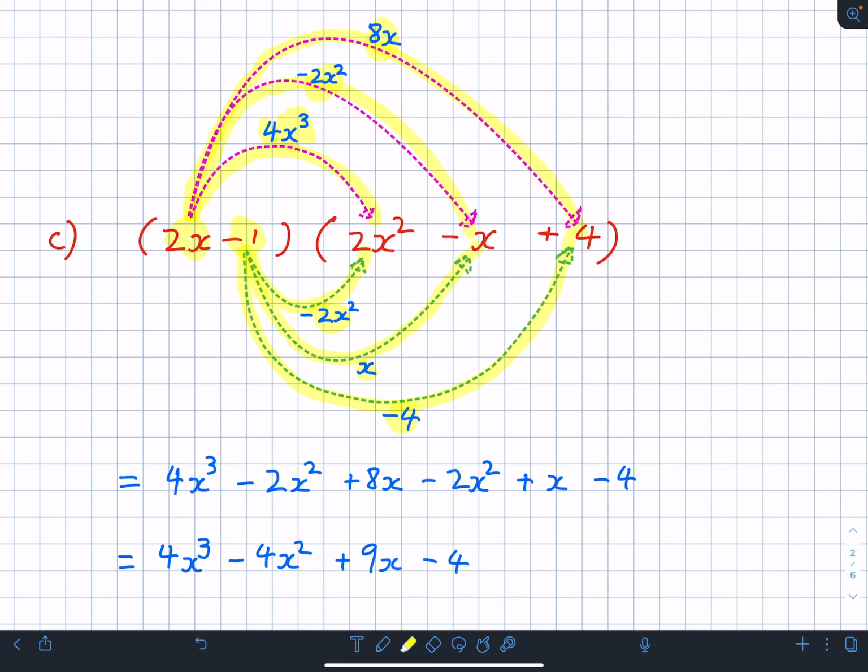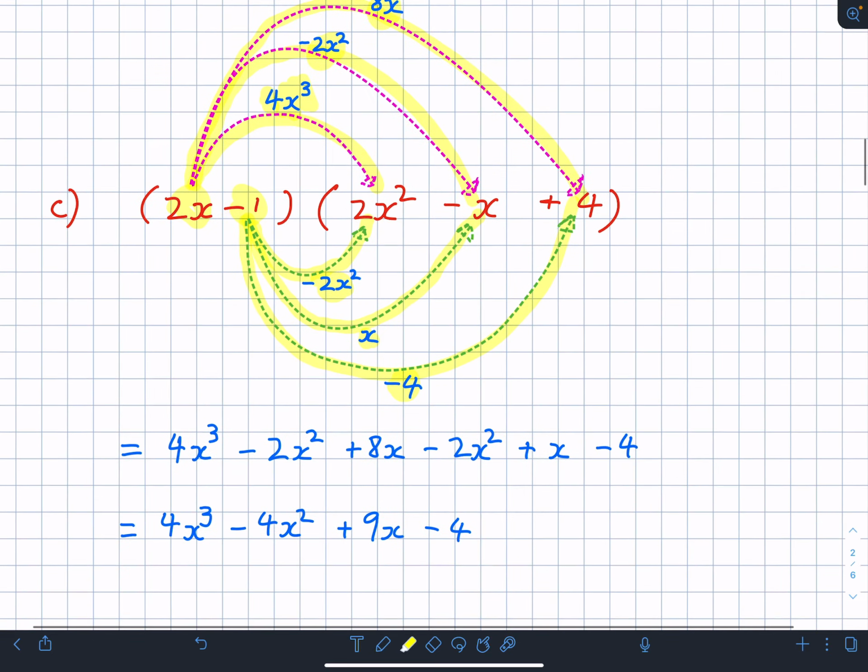Okay, and then with our x to the power of 1, or just an x, we've got 8x plus another x, that gives us 9x. And finally, we've got a minus 4. And so our final answer is 4x to the power of 3 minus 4x squared plus 9x minus 4. And so we've been able to expand and simplify our second expression.